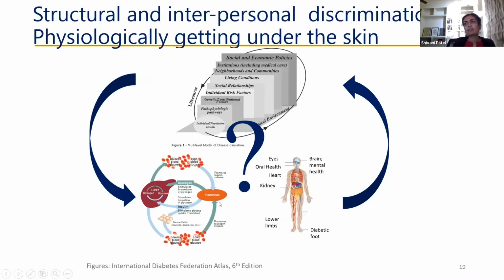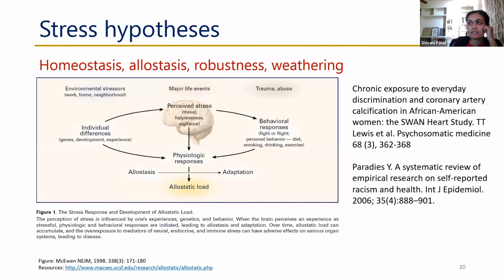But also we can think about, so we've talked a little bit about structural discrimination, but also the idea of interpersonal discrimination and how it physiologically might be getting under the skin, reducing some of these comorbidities. These slides are all teasers.